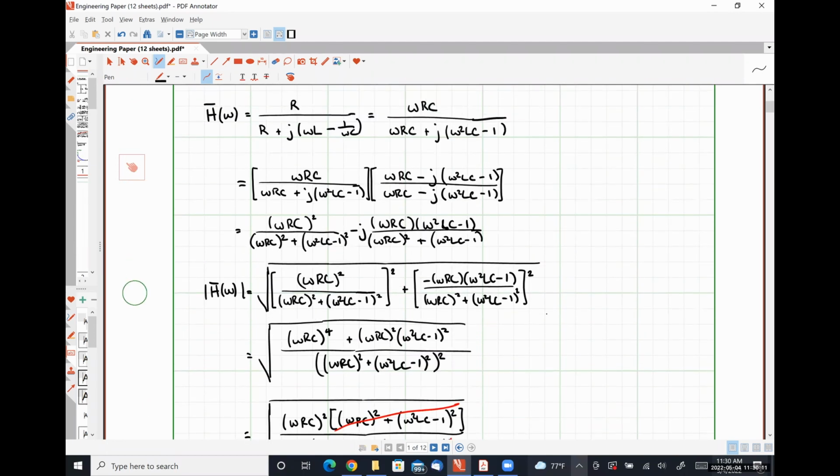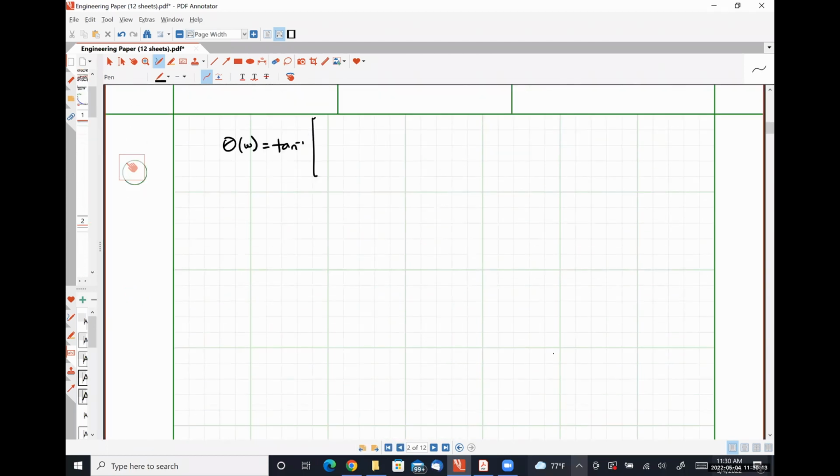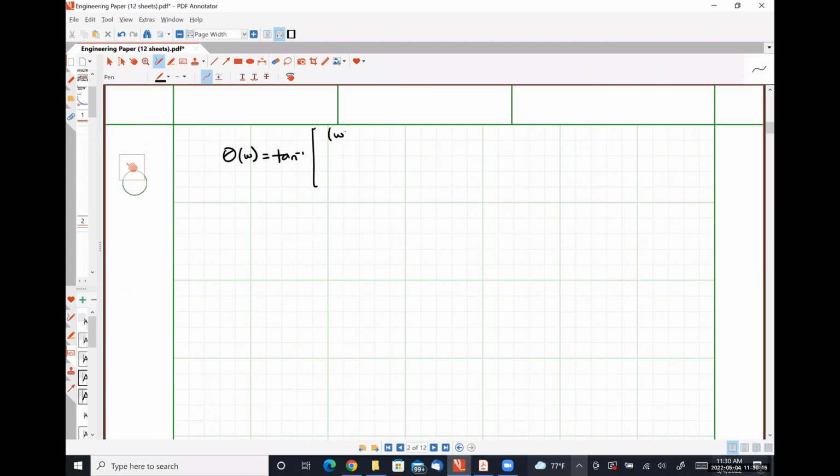Omega RC times omega squared, over the real part.